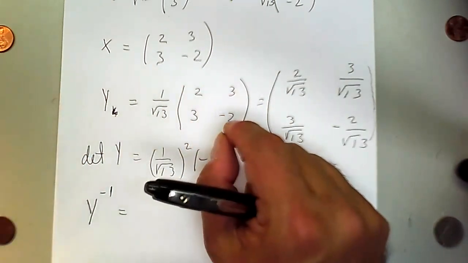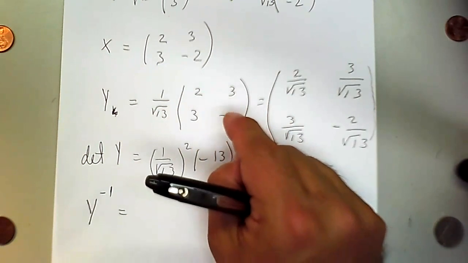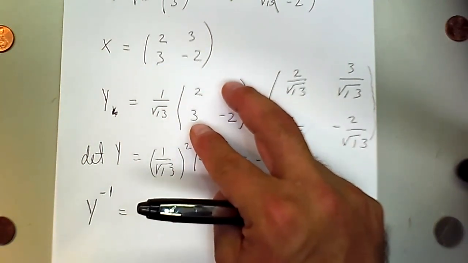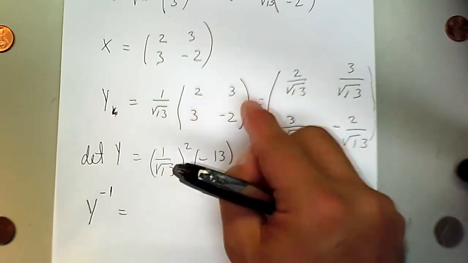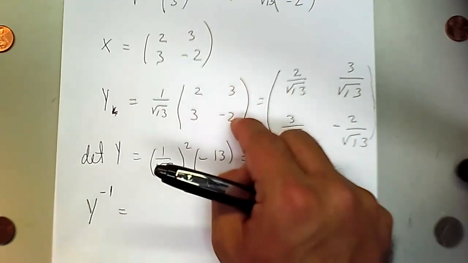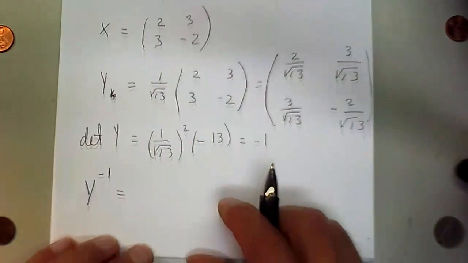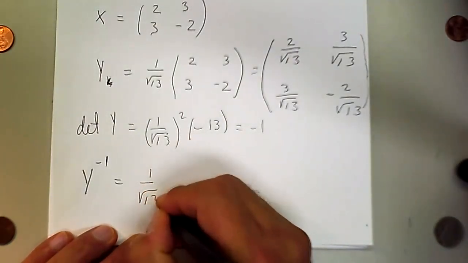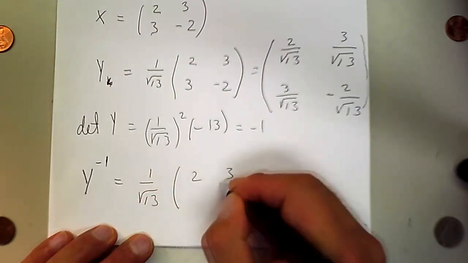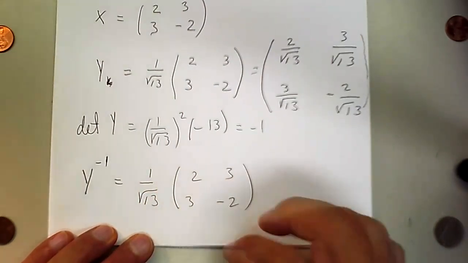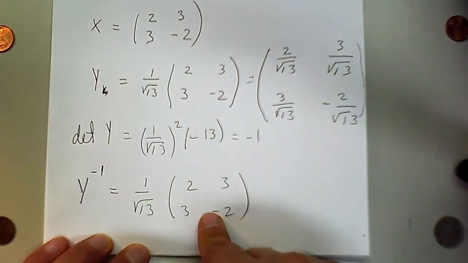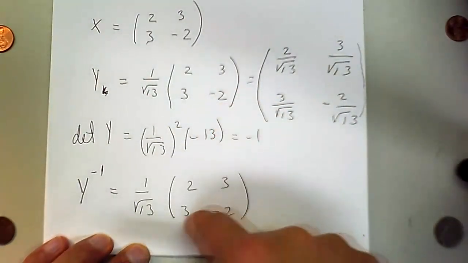That is very crucial, because it means the inverse is going to be the transpose. So all we have to do is transpose this matrix. The inverse is 1 over the square root of 13 times 2, 3, 3, negative 2, because that is symmetric, so the transpose is going to be the same.